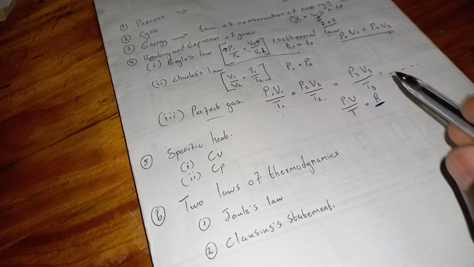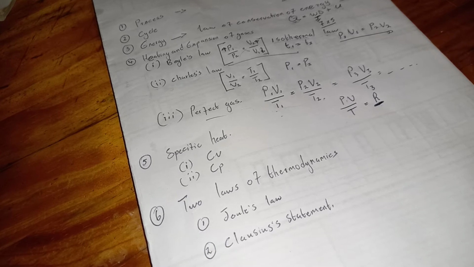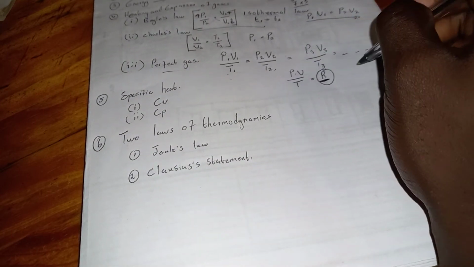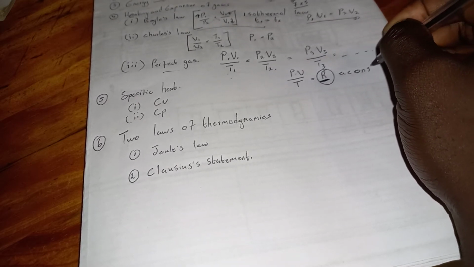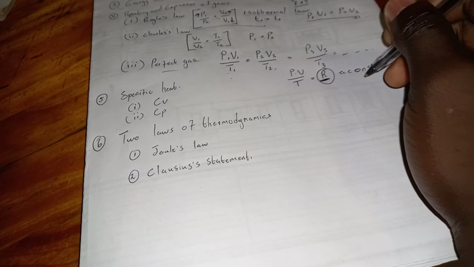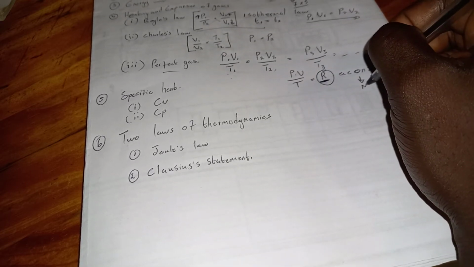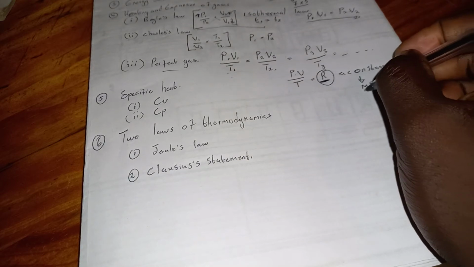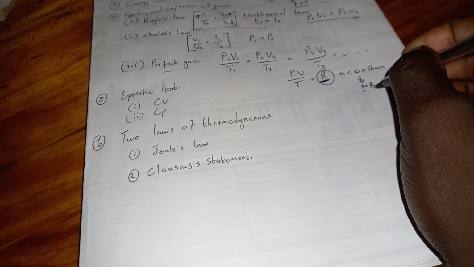So this characteristic of the gas is our constant. Sorry, our constant is actually equal to mR. So it's the mass of the gas multiplied by the characteristic of the gas.